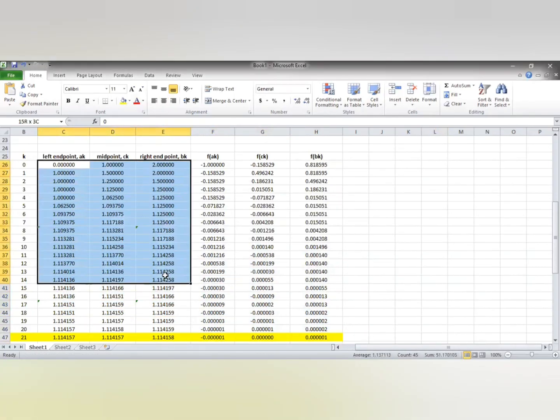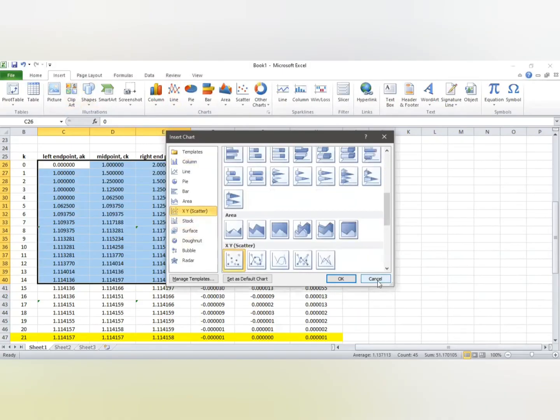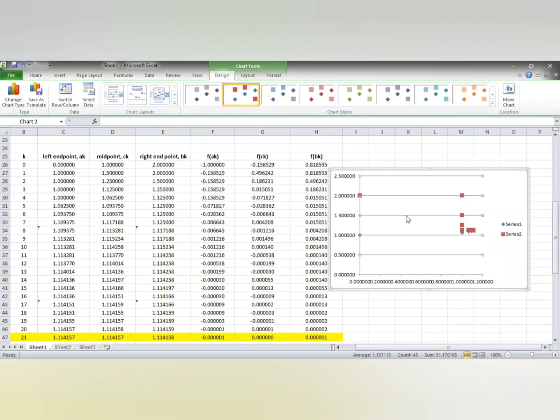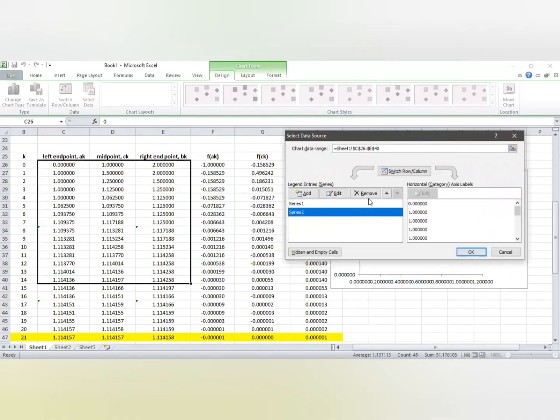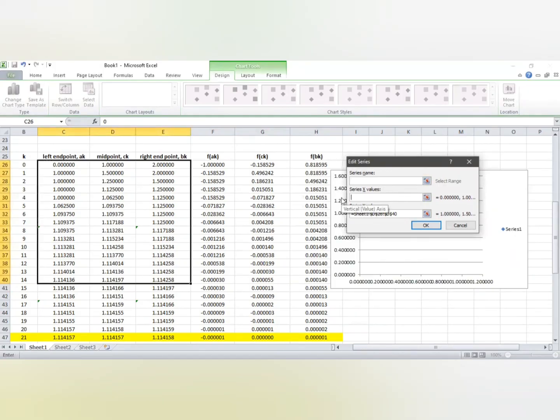Okay, we have insert, scatter plot. Then you have to go to select data. We have to remove this one. So we have to edit. So you can write the series name.